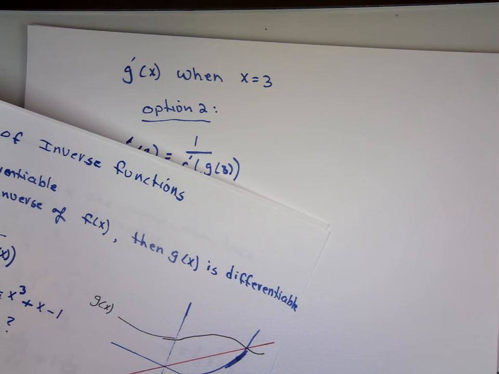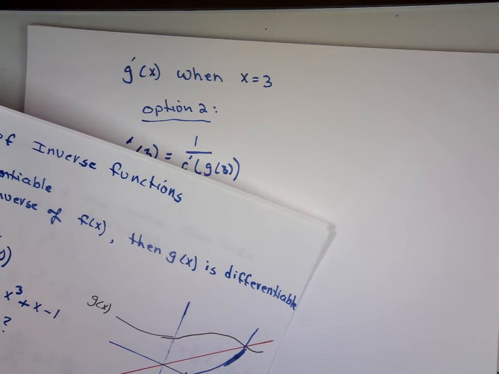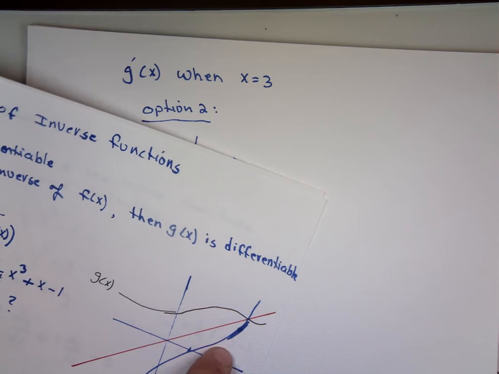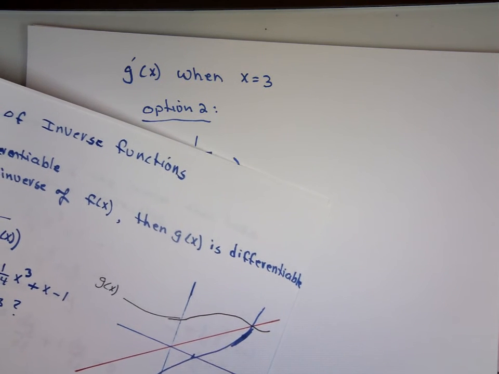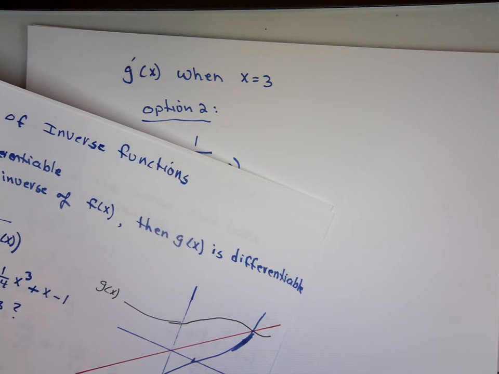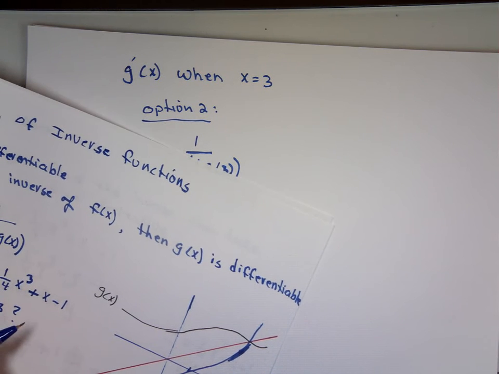That's what g is. So can you tell me when the y value of this is going to be 3? Remember the inverse function: if I can find out what x value makes this one 3.